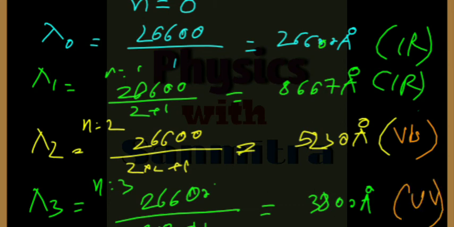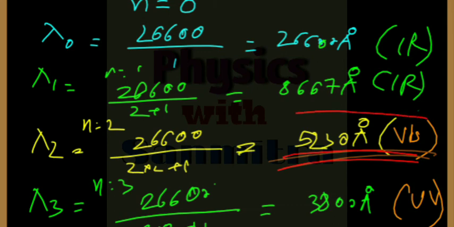So I have only one such wavelength which belongs to the visible region. I think you have now understood that only one band of wavelength will be reflected in the visible region, that is lambda for n is equal to 2. That means in the second fringe we will get the visible wavelength.